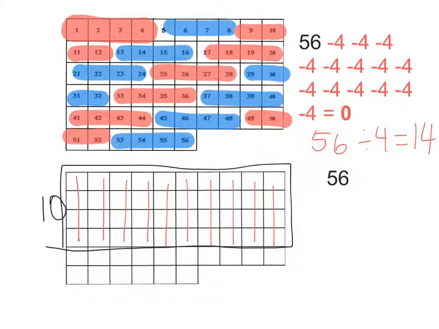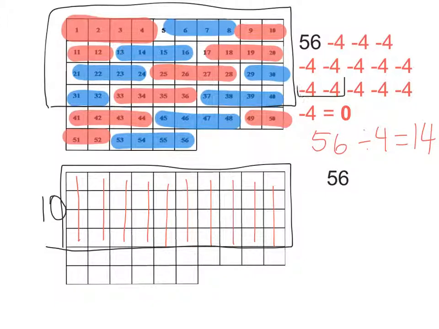So instead of having to count by 4s, we can take away these groups of 4 without having to worry about it. It's like taking 1, 2, 3, 4, 5, 6, 7, 8, 9, 10 fours away from 56 all at once.